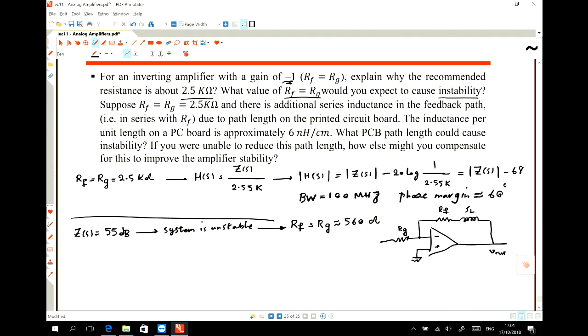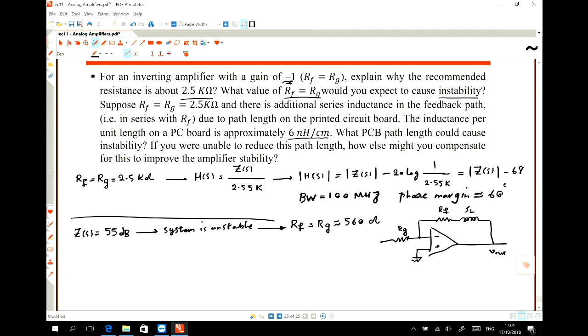It says that if this track produces an inductance of 6 nanohenry per centimeter, then what should be the PCB length that causes this system to be unstable if we select the value of RF equal to RG to be 2.5K.